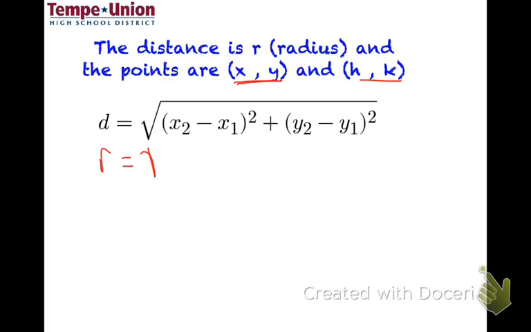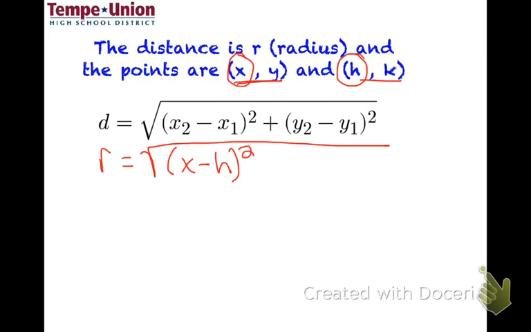So then we're going to do the square root. Now we're going to subtract those x coordinates. Look at the x coordinates, here's one of them and here's the other one. So x minus h, we're going to square that, plus, now let's subtract those y coordinates. So here are the y coordinates: y minus k, and then we square that.